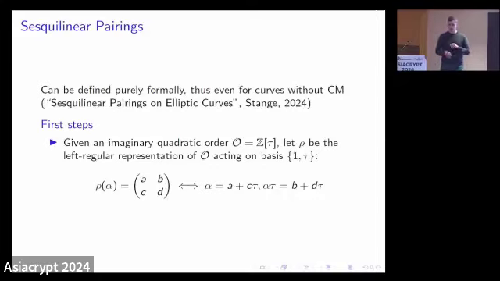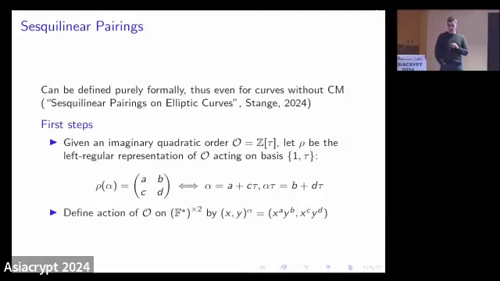So to start, we have some imaginary quadratic order O, and we can represent the left regular representation of O acting on a chosen basis, 1 and tau, for our order as follows. And similarly, we can define an action of this order on the Cartesian square of the multiplicative group of F crossed with itself.